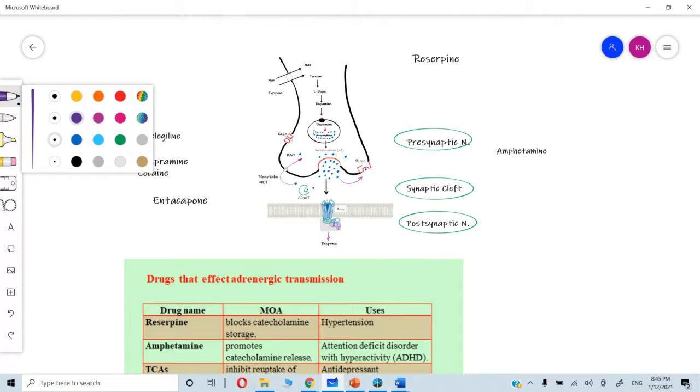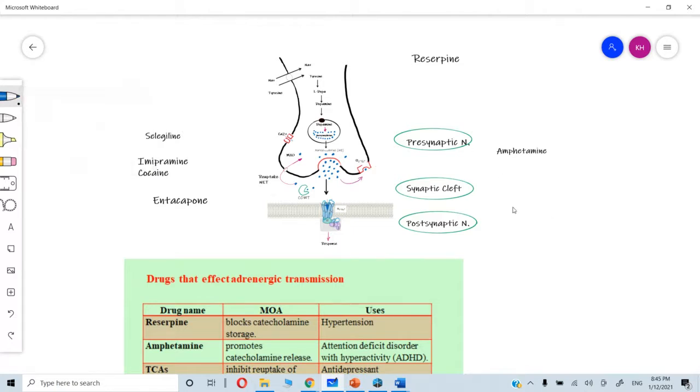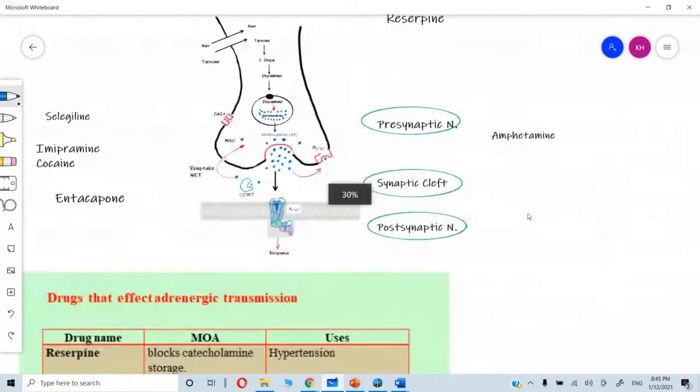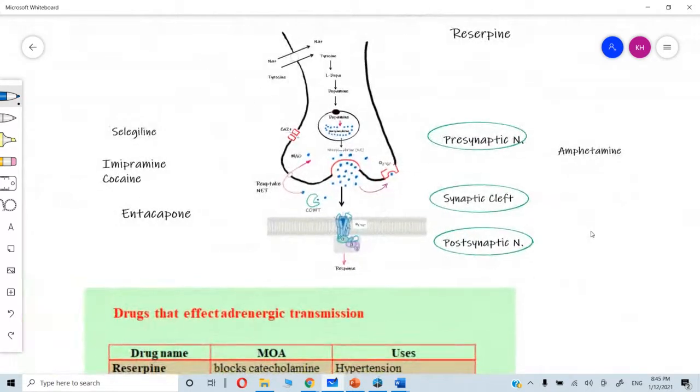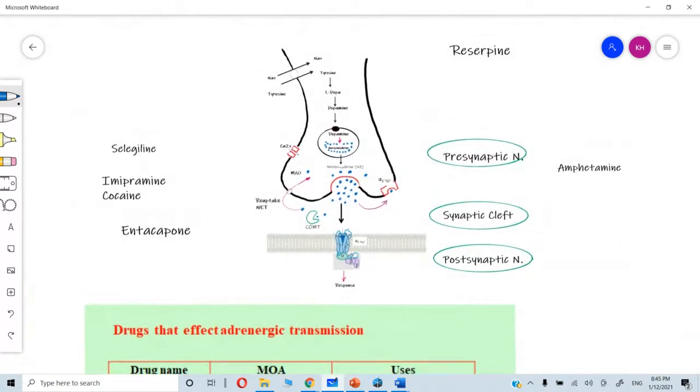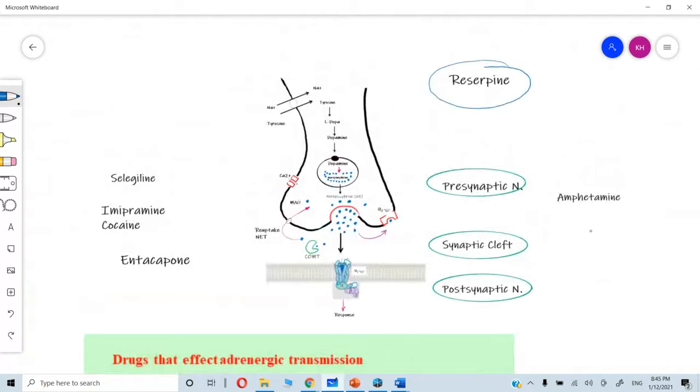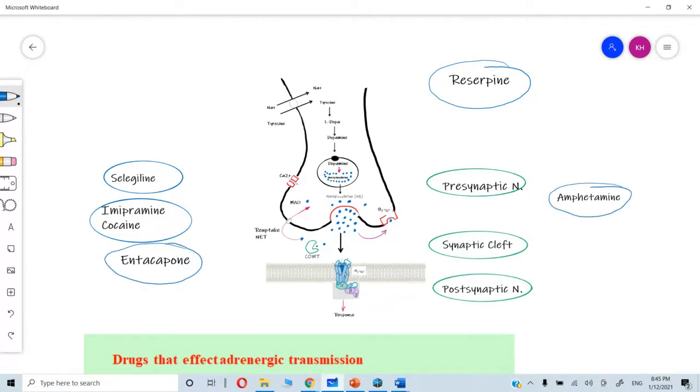We have several medications here: reserpine, selegiline, imipramine and cocaine, then entacapone, and amphetamine. These medications affect the synthesis, release, and reuptake of neurotransmitter.